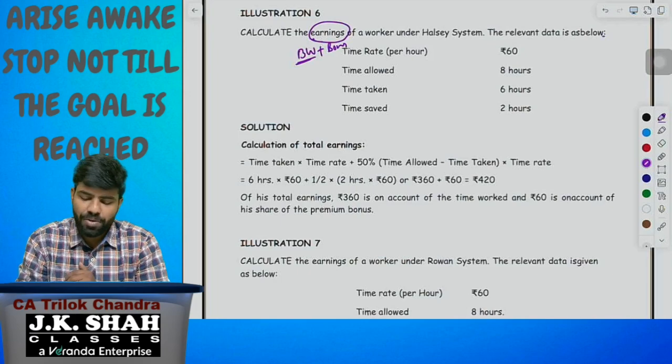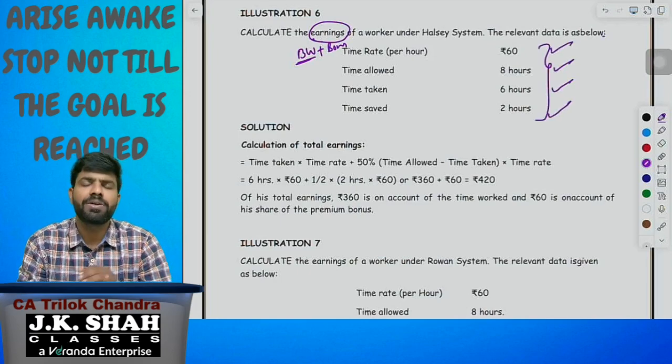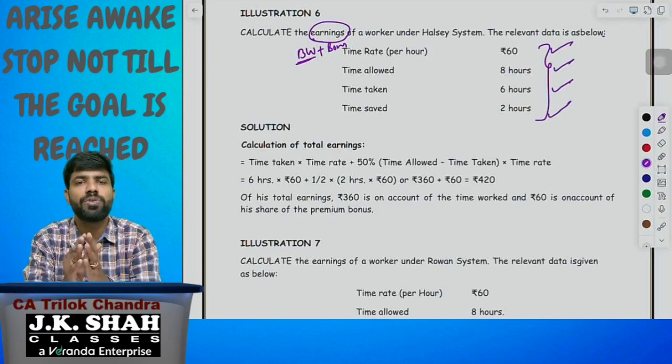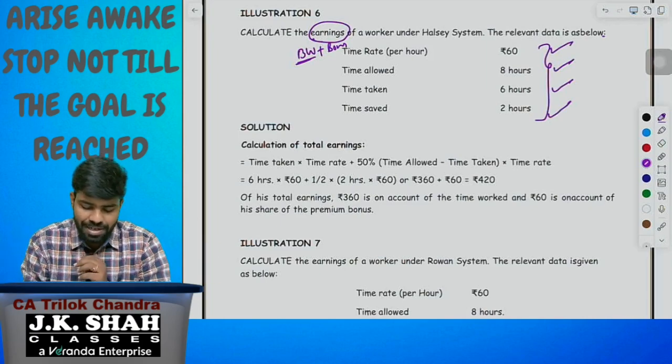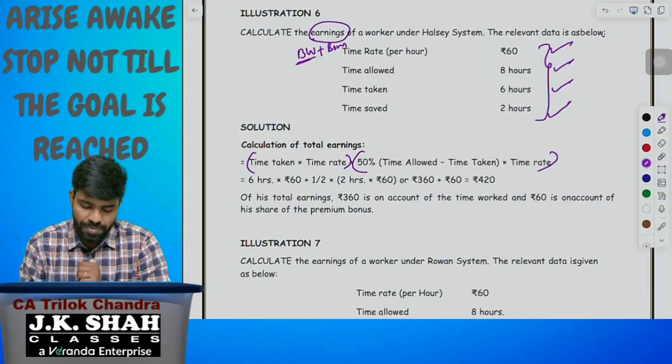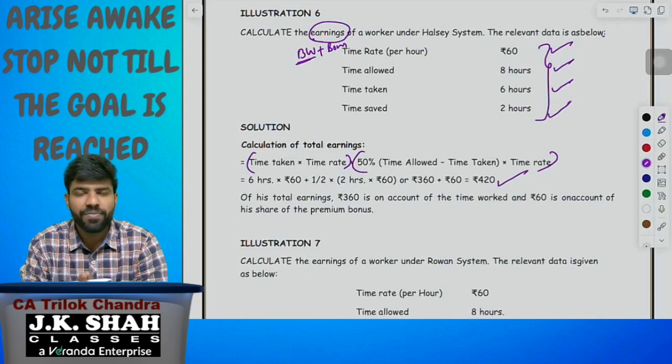The relevant data is below. All the four factors are given: timely rate, time allowed, time taken, time saved. Comfortably you can solve the question. Write the formula, substitute the values, you'll get the answer. Formula is time taken into time rate plus 50% of time saved into timely rate. We'll be getting total earnings 420. Also clear? Very simple question.